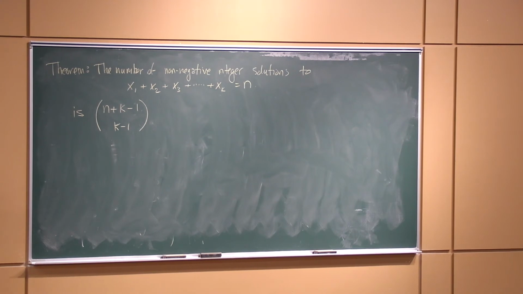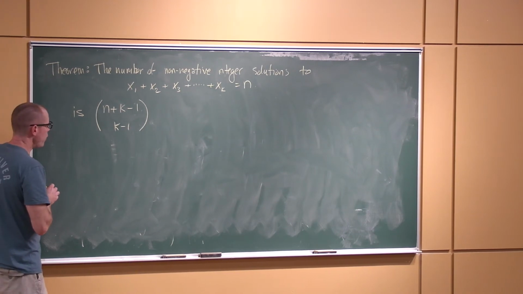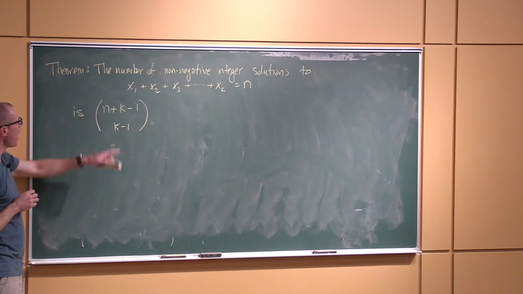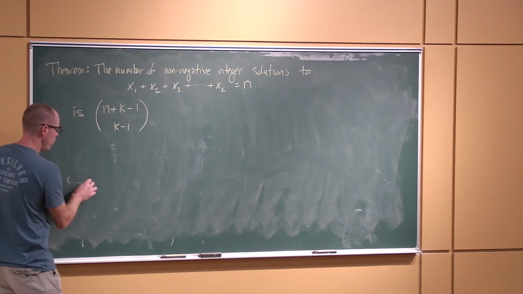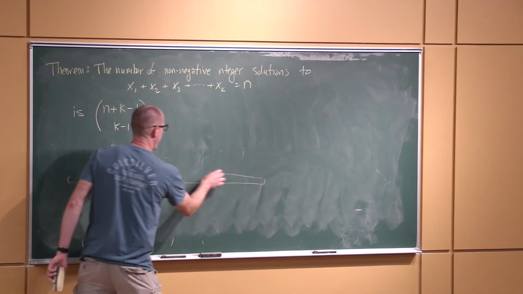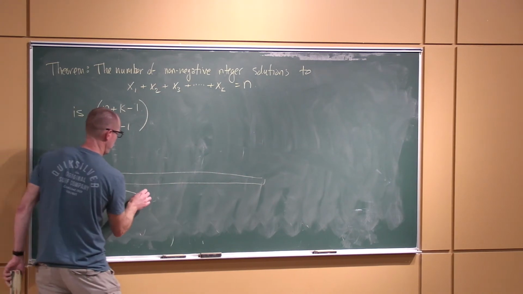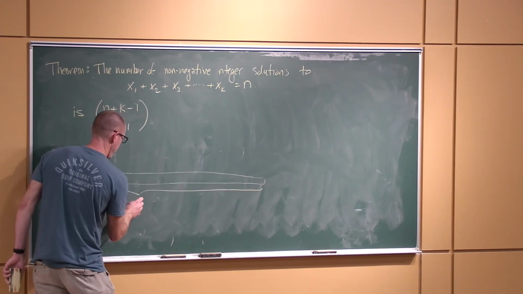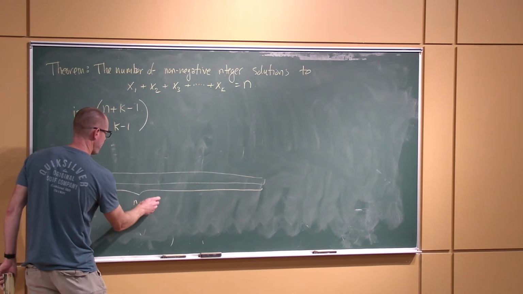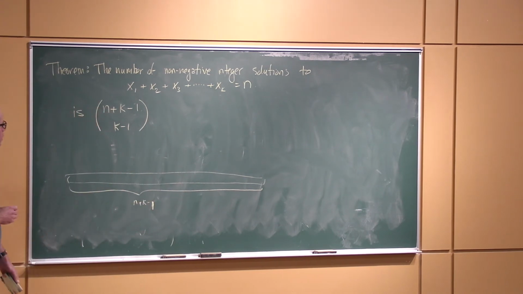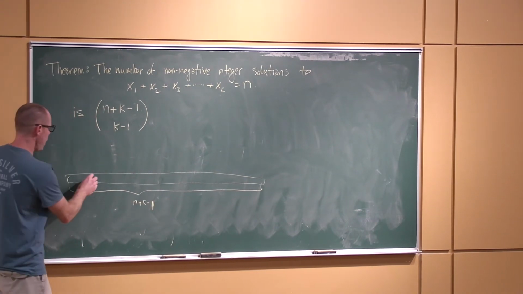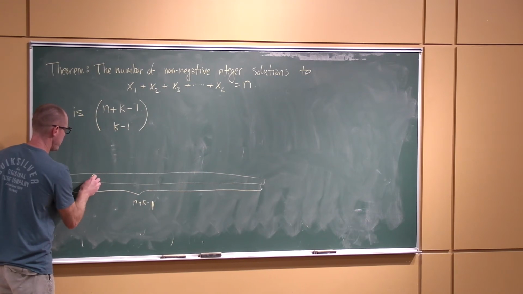And that's just because the bit strings that I look at are a little bit longer than n. They have length n plus k minus 1, which leaves us place to put k minus 1 bits.